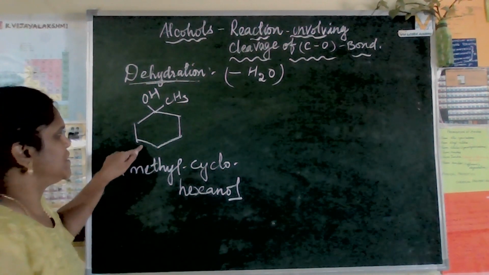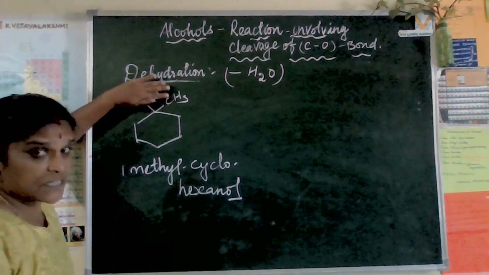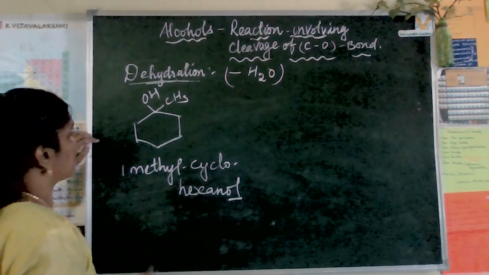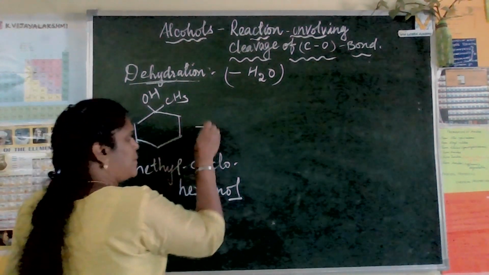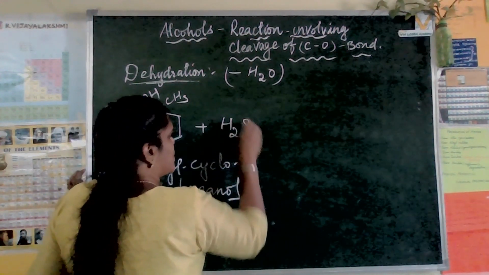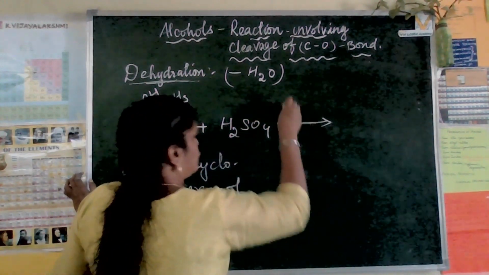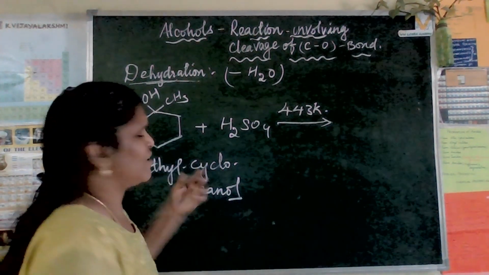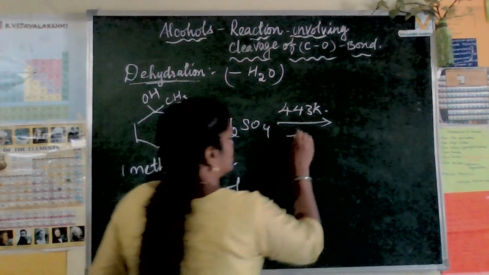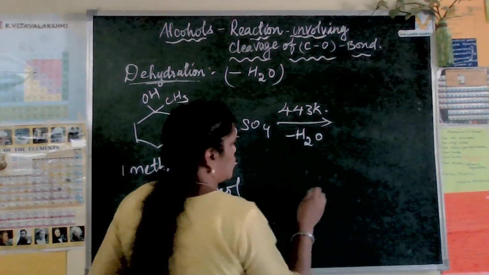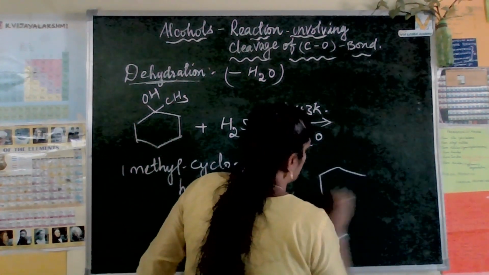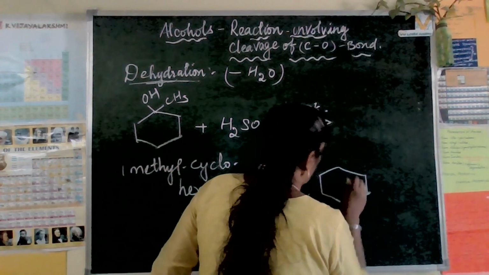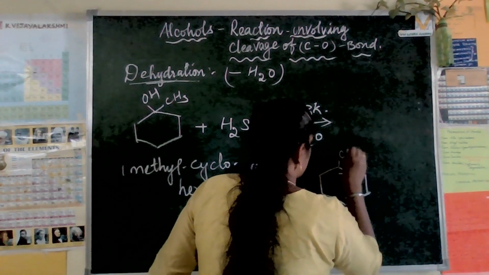Don't think this is a benzene ring. It is a cyclohexanol compound. Combined with H2SO4 at 443 Kelvin, what happened here also? Removal of water, H2O. Then what will you get as the answer? You will get that double bond over here, with CH3.